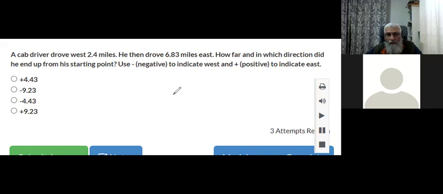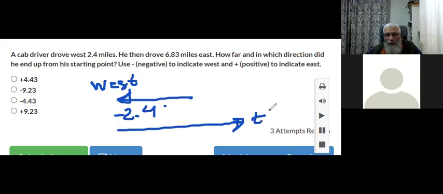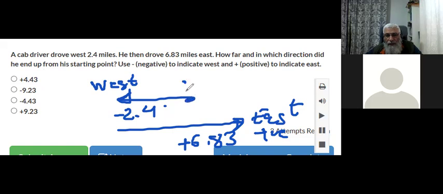West is always negative, and then he drove east. We do east with positive sign. This is the starting point.